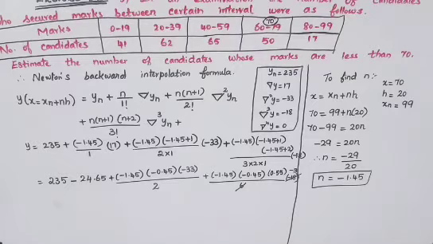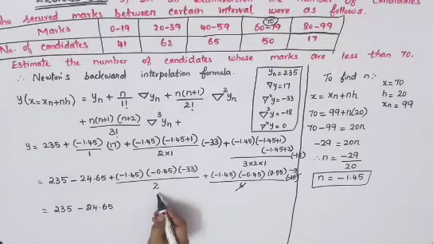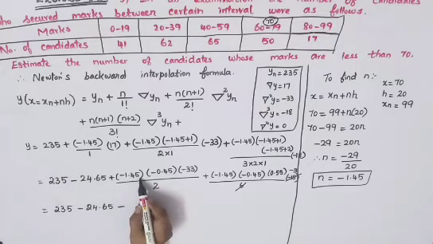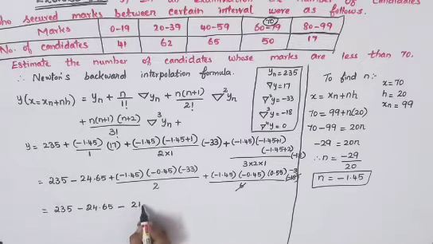So now you have to go for your solving. That is equal to 235 minus 24.65. Multiply all these terms and then you can divide it. Minus into minus will become plus, plus into minus is minus. So minus 1.45 into 0.45 into 33, everything if you multiply in your calculator, you get your answer as 21.5325, divided by this 2 as it is.